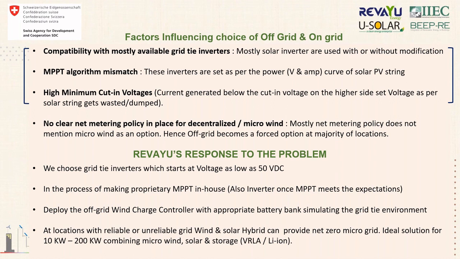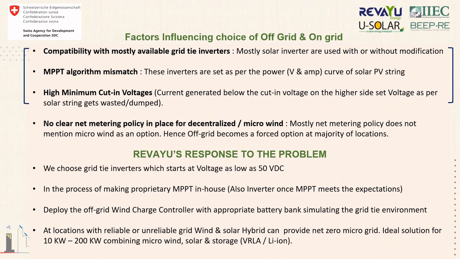MPPT algorithm mismatch is another thing that happens. I'll tell you what happens. Most of the industry is flooded with inverters available for solar. Separately for wind, we very rarely find an inverter. It is very difficult to find because it is an evolving industry.